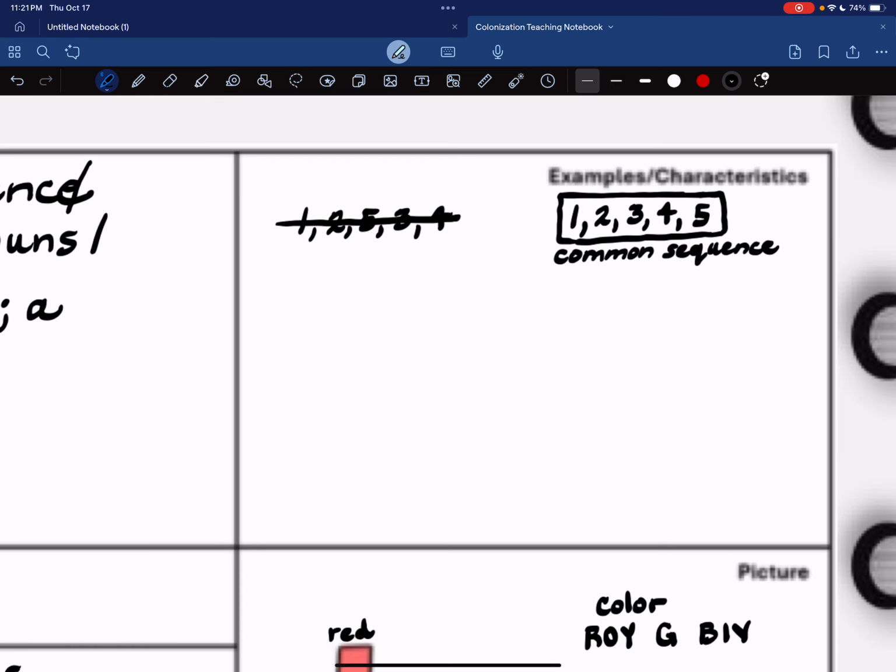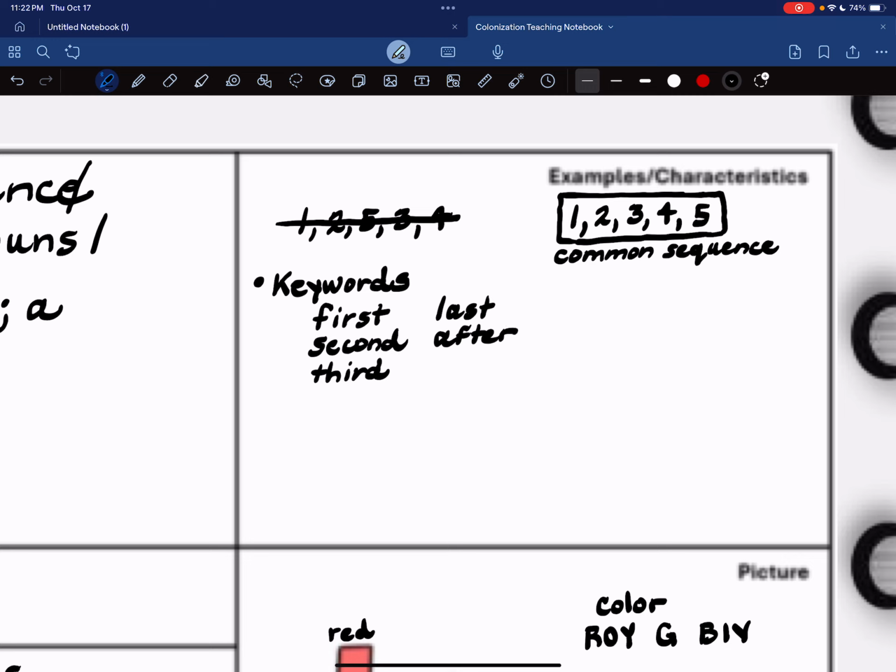One of the things that I want you to know about sequence is that it comes with its own keywords. And those are words like first, second, third, and so on. We could go all through the numbers. Those are just some examples. Words like last and after.